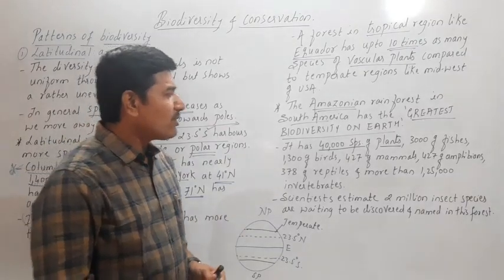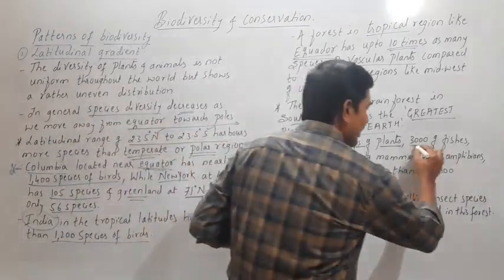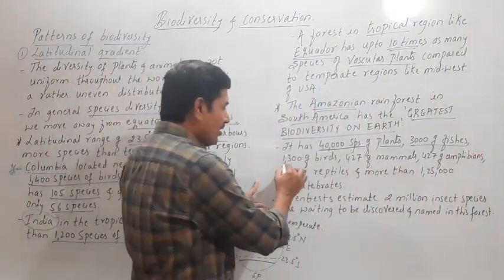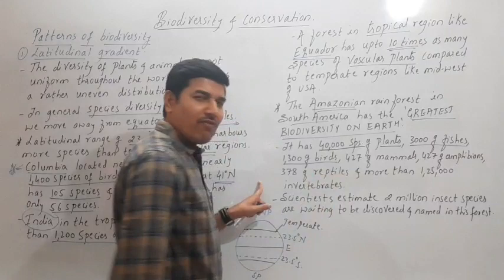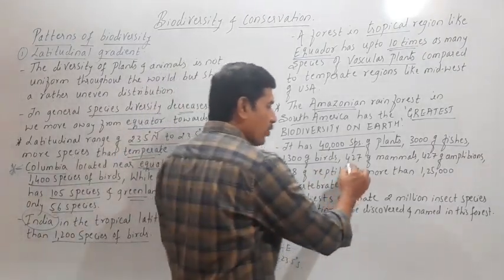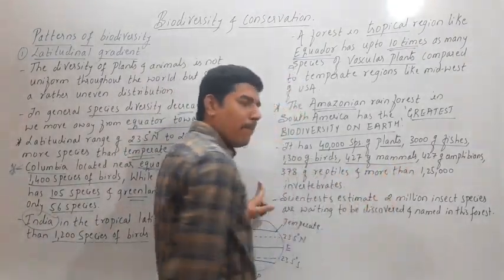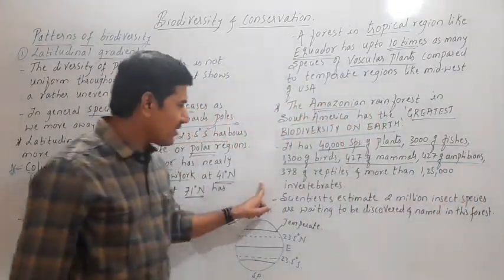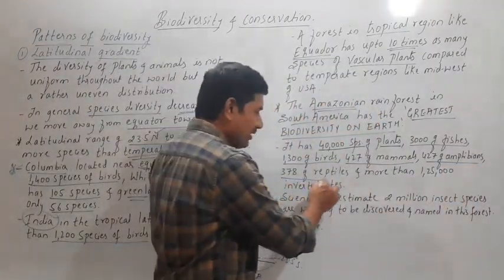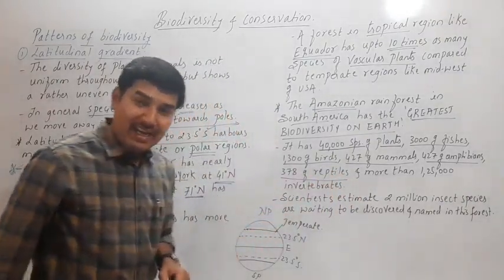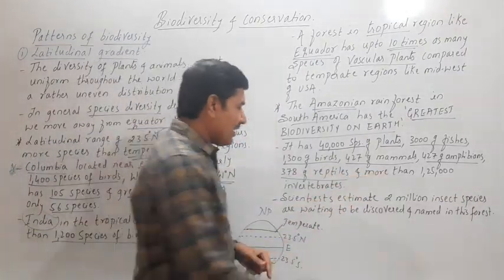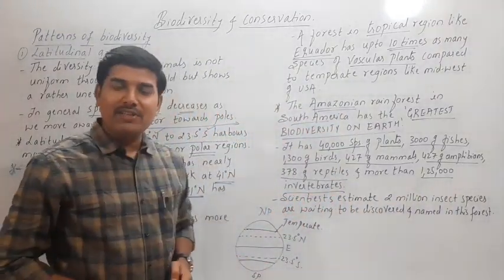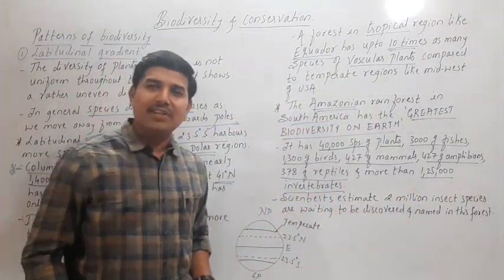It has around 40,000 species of plants, 3,000 species of fishes, 1,300 species of birds, 427 species of mammals, 427 species of amphibians, 378 species of reptiles, and more than 1,25,000 invertebrates. Look at the species richness.